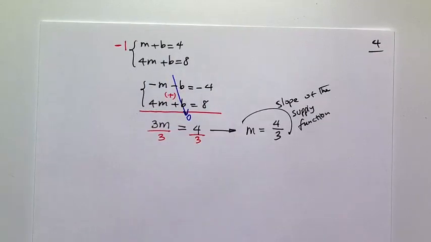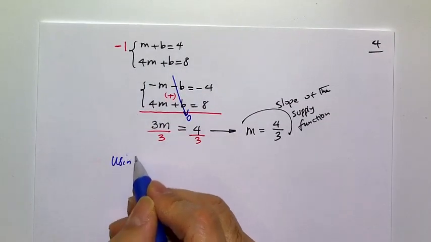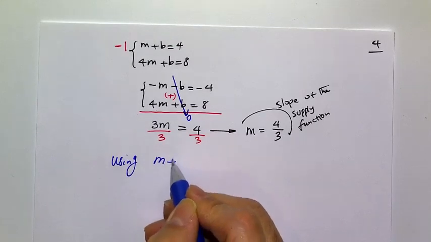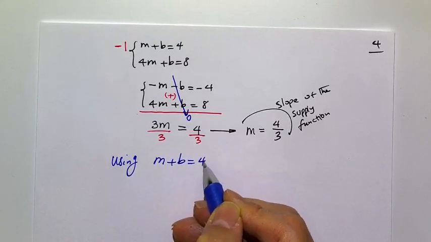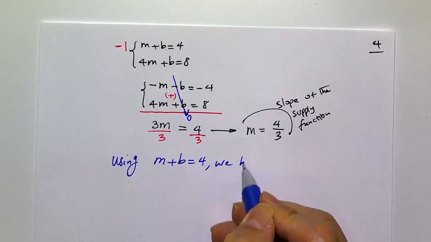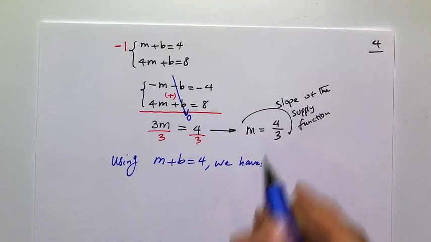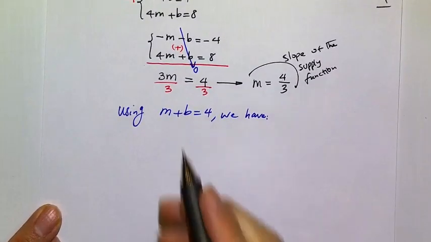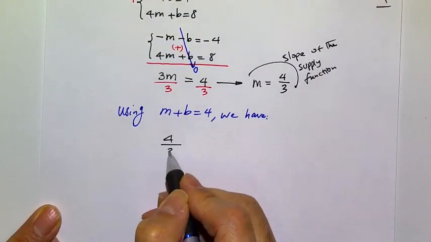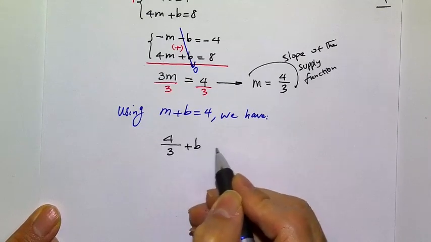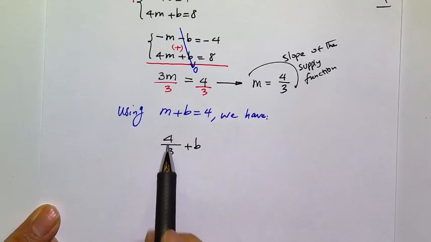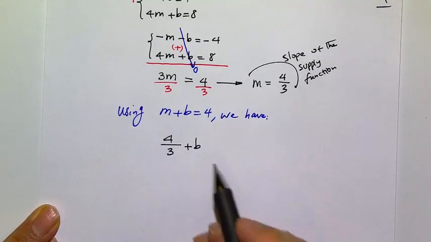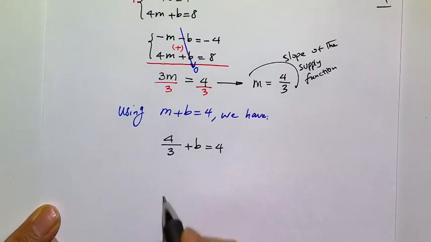So using M plus B equals 4, we have four-thirds plus B. So just plugging in here. Plus B equals 4.